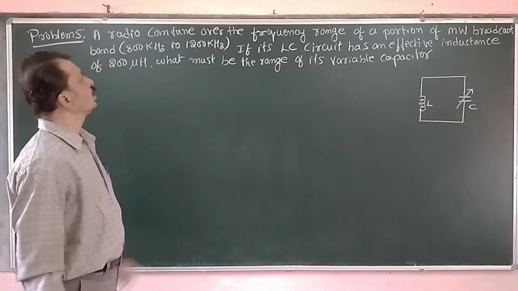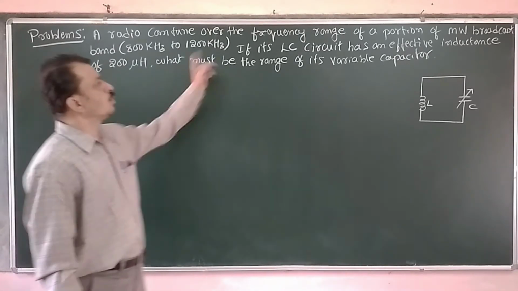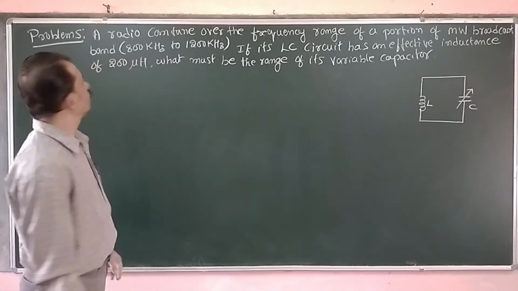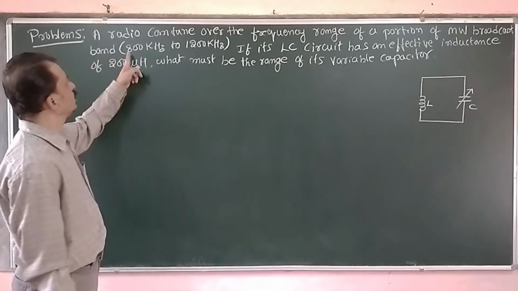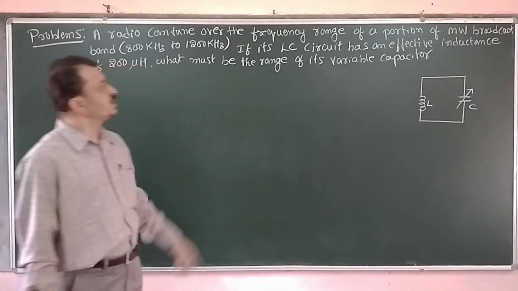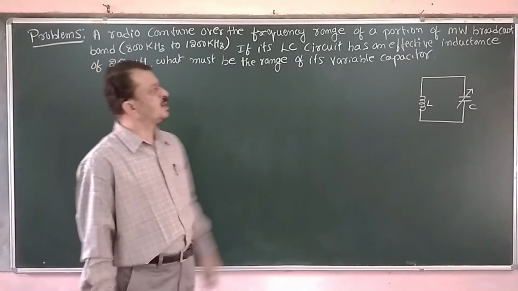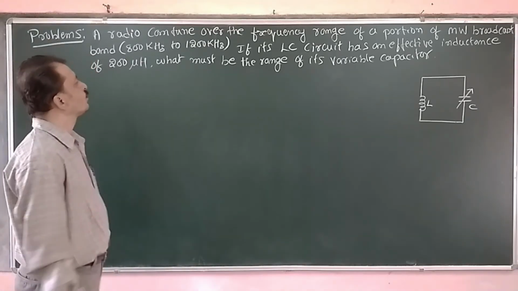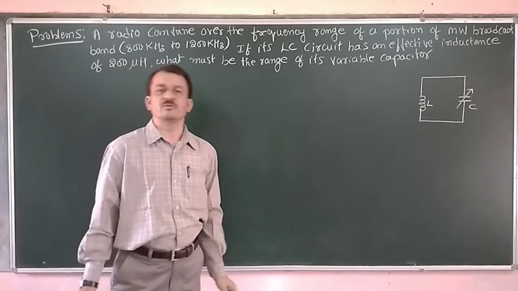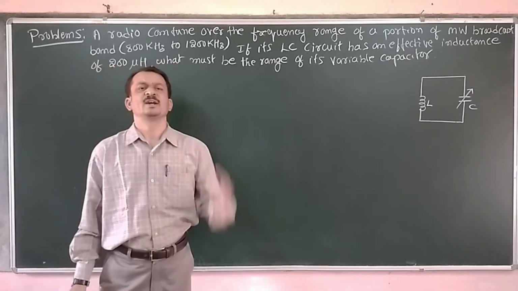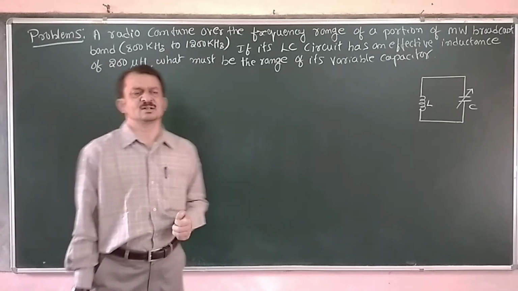A radio can tune over the frequency range of a portion of the megawatt broadcasting band, 800 kilohertz to 1200 kilohertz. If its LC circuit has an effective inductance of 200 microhenry, what must be the range of its variable capacitor? We have a receiver, that is a radio receiver.